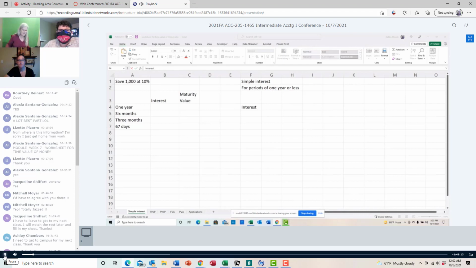Thank you. Okay. Now we're talking once again for periods of 1 year or less. So what I was saying is that interest earned and interest incurred is basically the same thing. So if I have a car loan, I'm the borrower, but the bank is the lender.